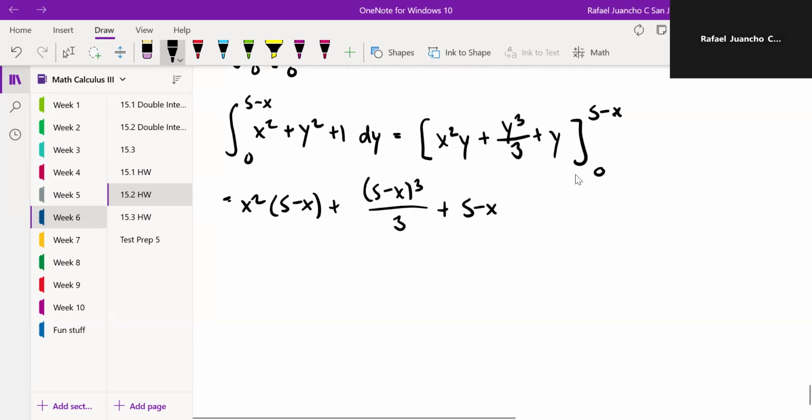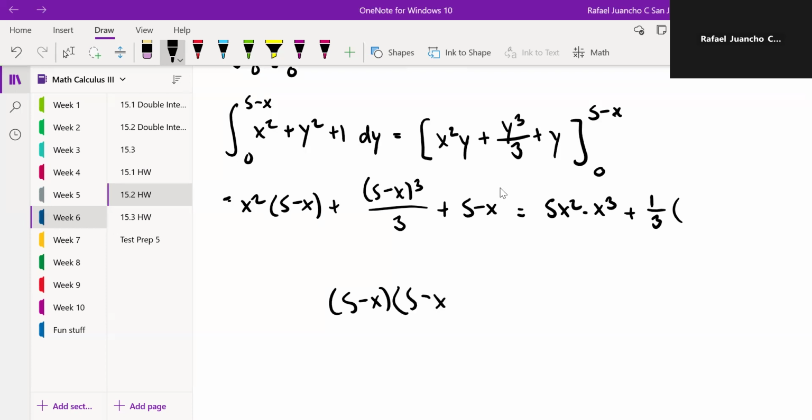Right? Now the thing is I can expand or I can simplify. I'm going to expand this out. And this is I think a 1/2. And this is 5 minus x squared. Or cube, I mean.